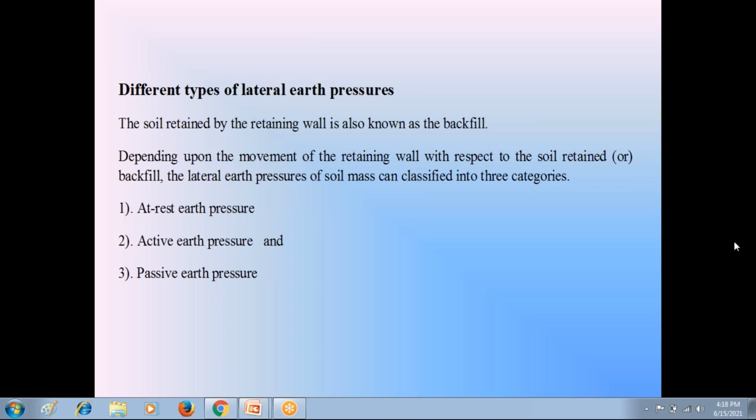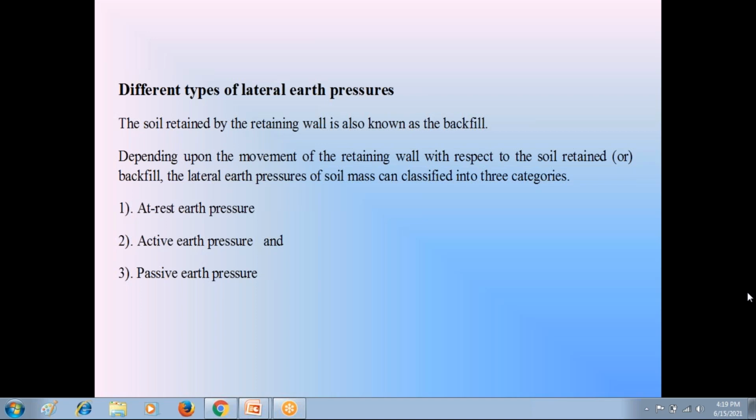Then the third question is, what is the third question raised by 125? It is a large construction. How do we know? The movement is in millimeters only. We are discussing the theory, but in actual construction, by observing the soil volume either on the back side of the retaining wall or on the front side, we can estimate whether the retaining wall is moving forward or backward.